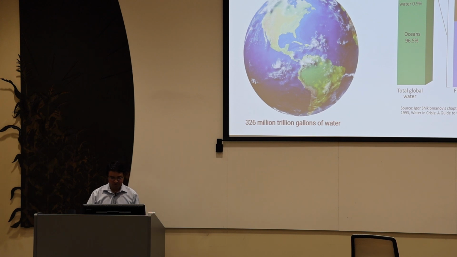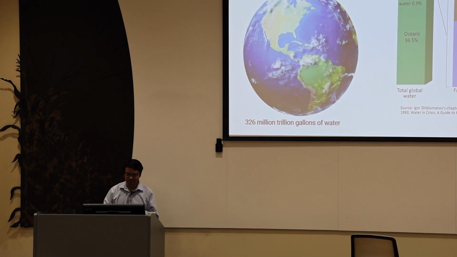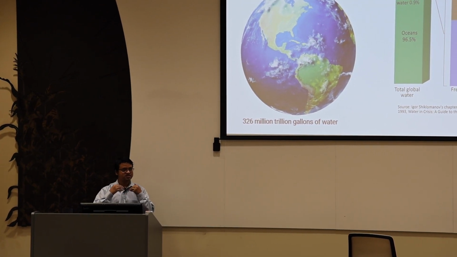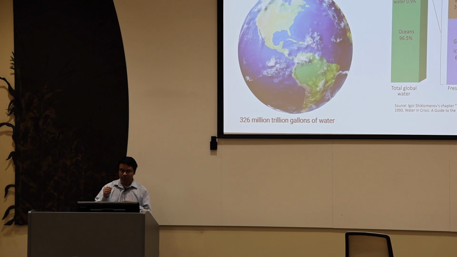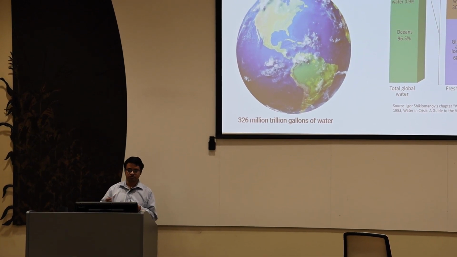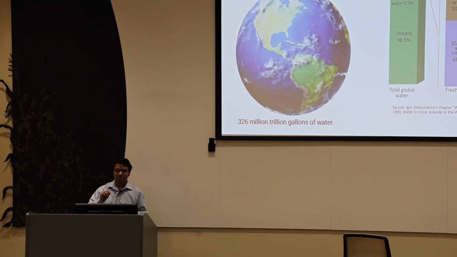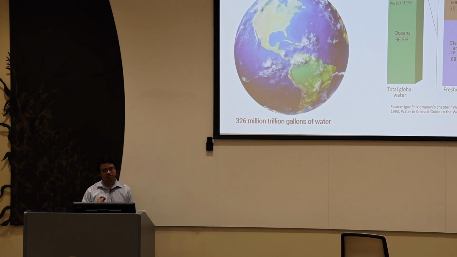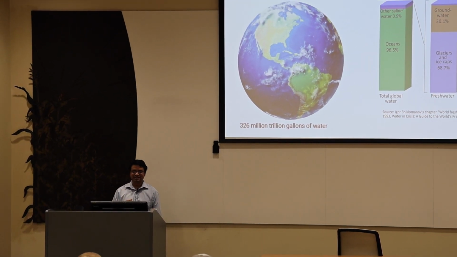And of those, you can see here, almost 69% is ice and glaciers, right? And 30% is groundwater. And then only 1.2% is surface water. So the actual amount of water we can directly use is less than 0.5%.